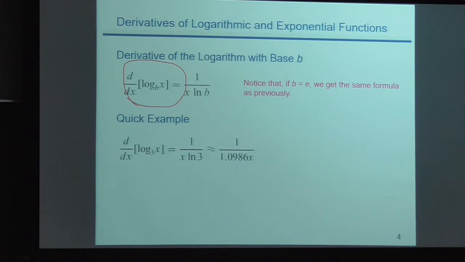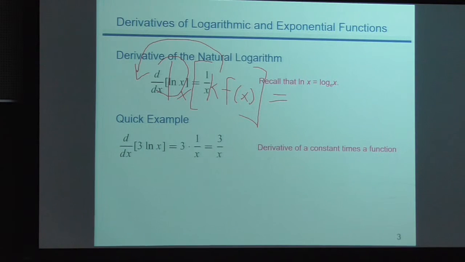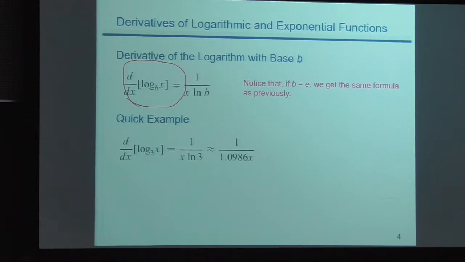No, this is the formula for any b, and what I'm saying is that the other one is only for the ln function, which means the log base e. This one is for log base anything, any b. So this is more general than the previous one, which was only for base e.